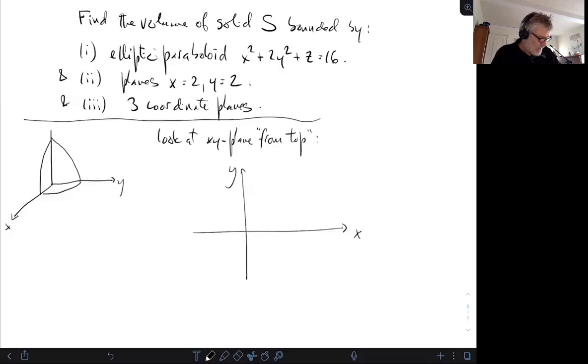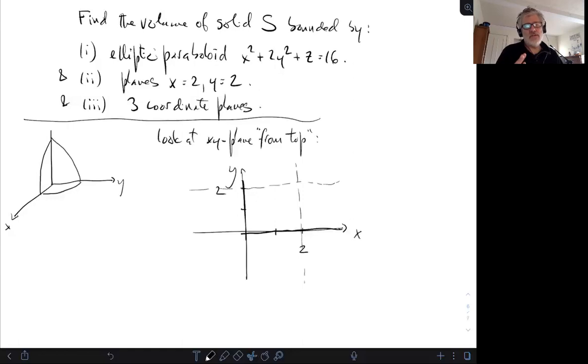So now I'm looking at x equals 2 and y equals 2. I have these planes like that. The coordinate planes, this one.